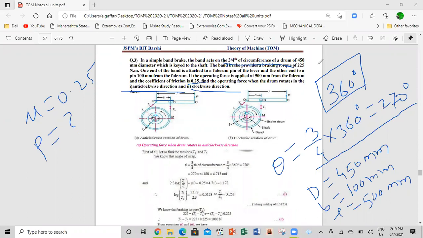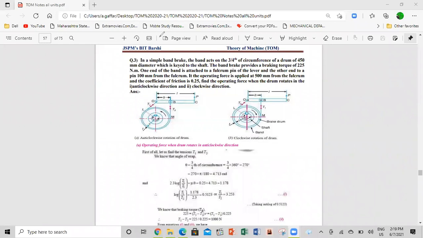So write down the formulas to find the tension ratio. This first diagram is for the first condition, anti-clockwise rotation of the drum, and the second diagram is for clockwise rotation of the drum. All the notations are given in this diagram, and all the values are given in the problem.